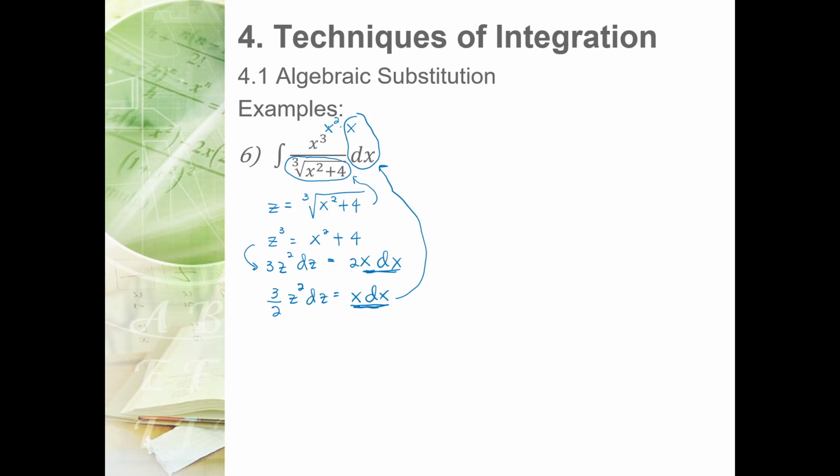Okay, so how about the remaining x squared? Of course, we can replace this one by isolating x squared. So we have z cubed minus 4 is equal to x squared. So of course, we can represent every term in your equation with the z variable. All right.